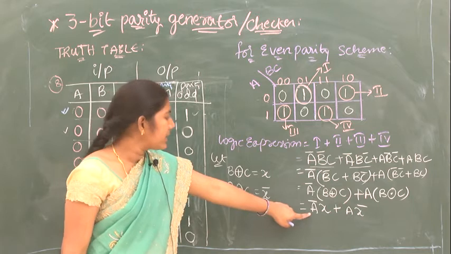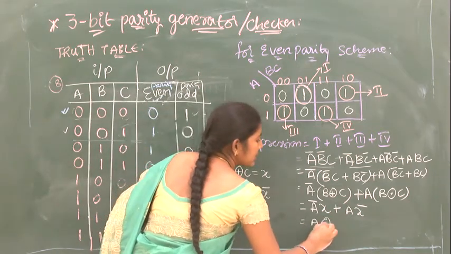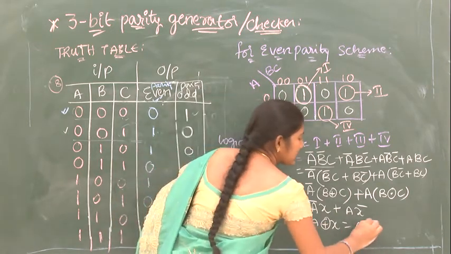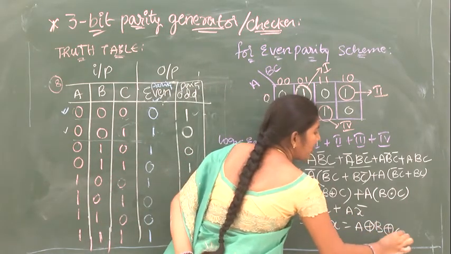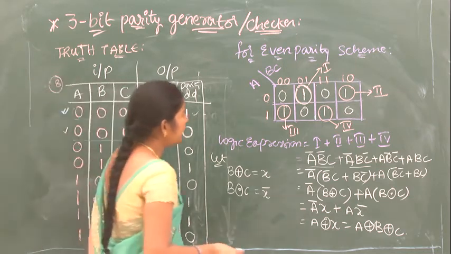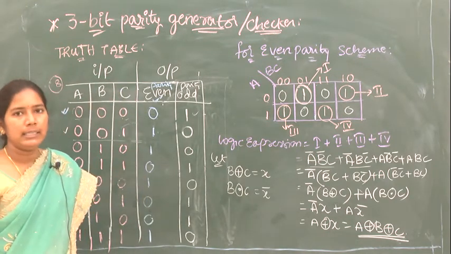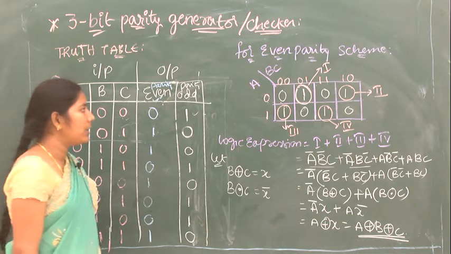Again this is an exclusive OR function, so I can write this function as A exclusive OR X. But what is the X value? It is B exclusive OR C. Now we know the logic expression in the even parity scheme. Once we know the logic expression, we can develop a logic diagram.